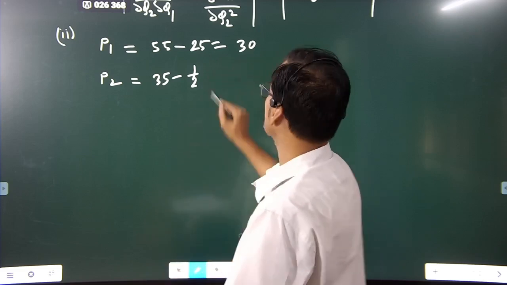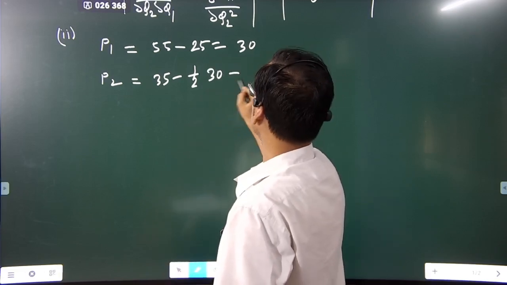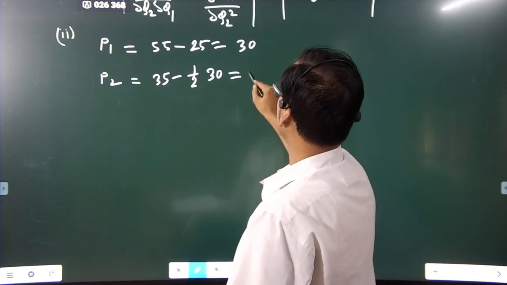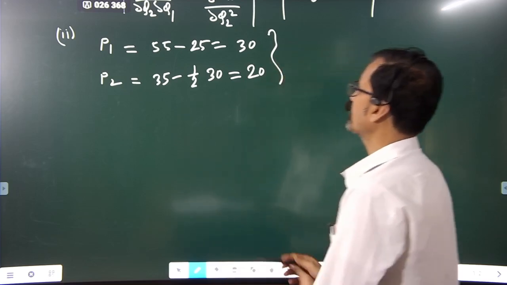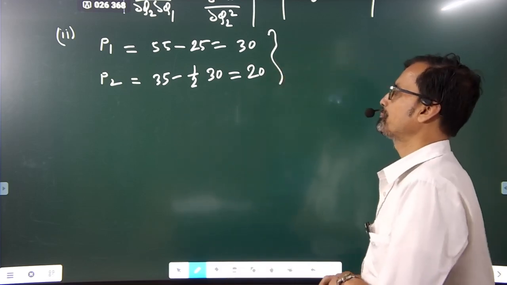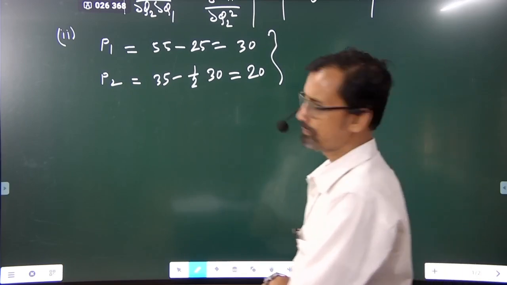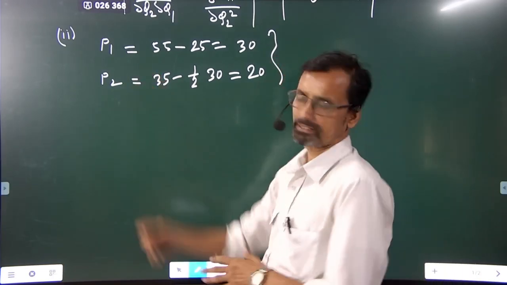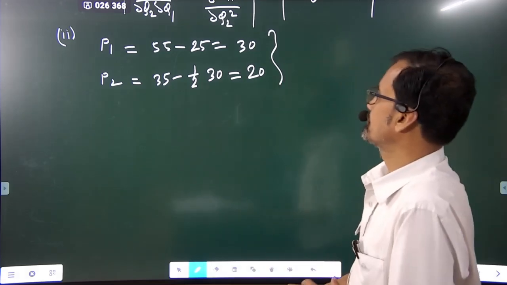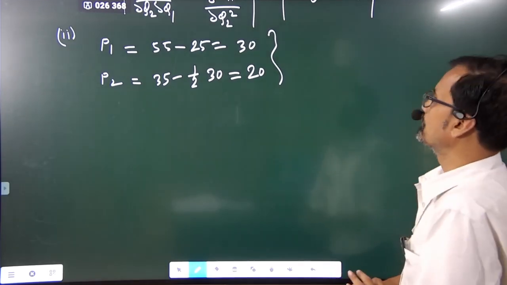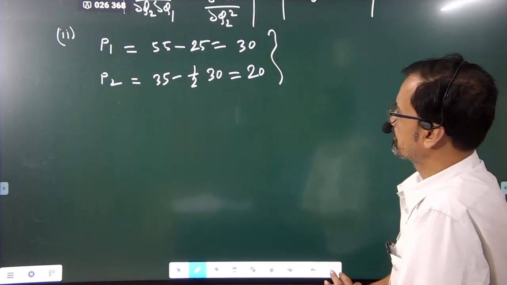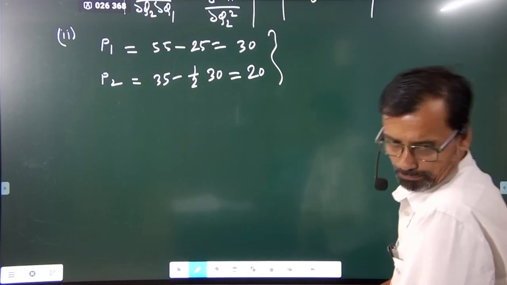Q2 is 30, so 15 from 35 is 20. So price P1 is 30, price P2 is 20. In the first market, the monopoly charges a price of 30 per unit, and in market 2, the monopoly charges rupees 20 per unit.